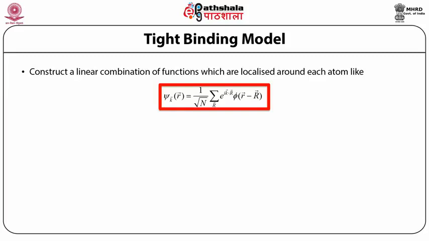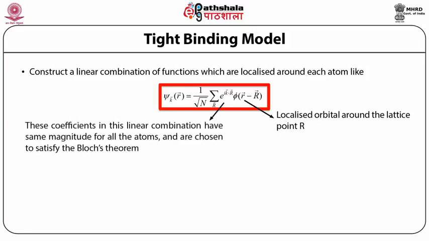So this φ(r − R) denotes a localized orbital around the lattice point R. The coefficients e raised to power i k dot R in this linear combination have the same magnitude for all the atoms and are chosen to satisfy the Bloch theorem as described.